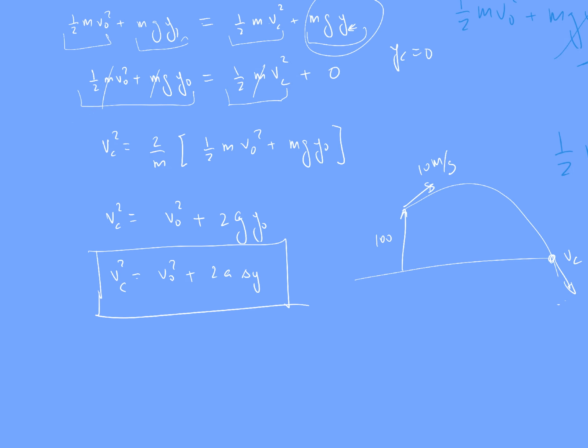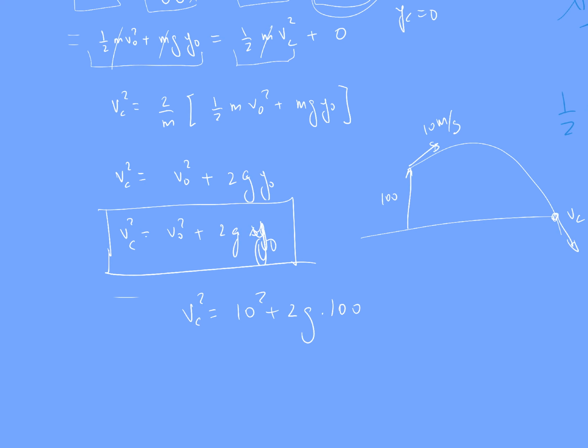So Vc squared will be 10 squared plus 2 times g, the acceleration is g, 10, by y0. Sorry, here it should be written y0, not delta y. 2 times y0. Y0 is 100 meters.